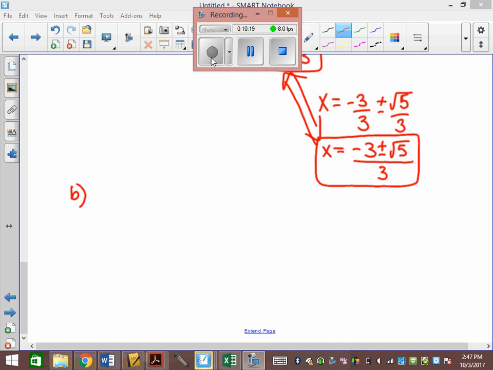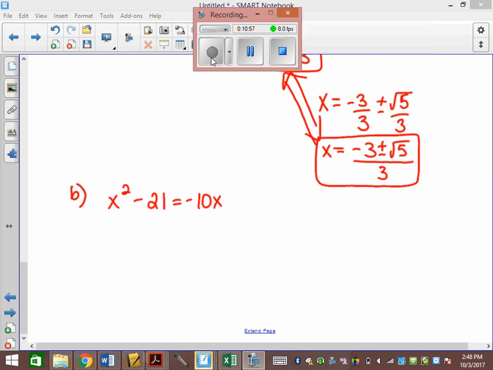B, you're going to try this one on your own. x² - 21 = -10x. x² - 21 = -10x.